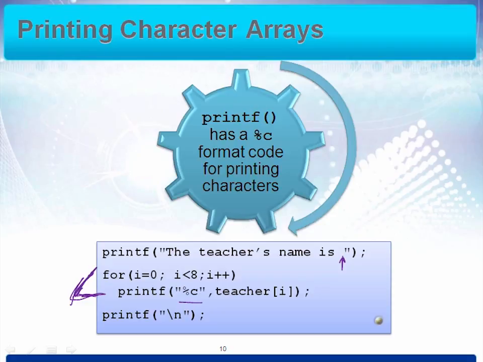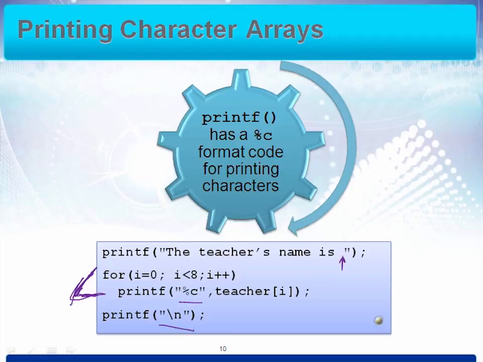So teacher of 0 gets printed the capital M, teacher of 1 the little r, teacher of 2 the space, teacher of 3 the capital S, and so on and so on. So we print the teacher's name is space the capital M and then all the characters of the teacher's name, and then when we're all done we print the new line. So this really only prints one output line. The teacher's name is Mr. Smith and then the new line, because you get to control when new lines occur.